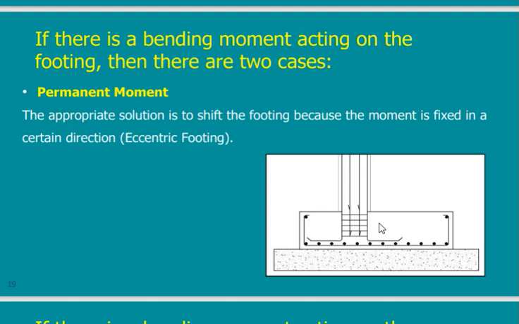Okay? Then we can do the opposite. I know the moment that I want to reach, and I know the normal force of the column. If I divide moment by normal force, I will get the arm or the eccentricity. If I shift the column with this eccentricity in a direction opposite to the direction of the moment, then I will have minus M. And I already have M, then in this case M minus M is 0.